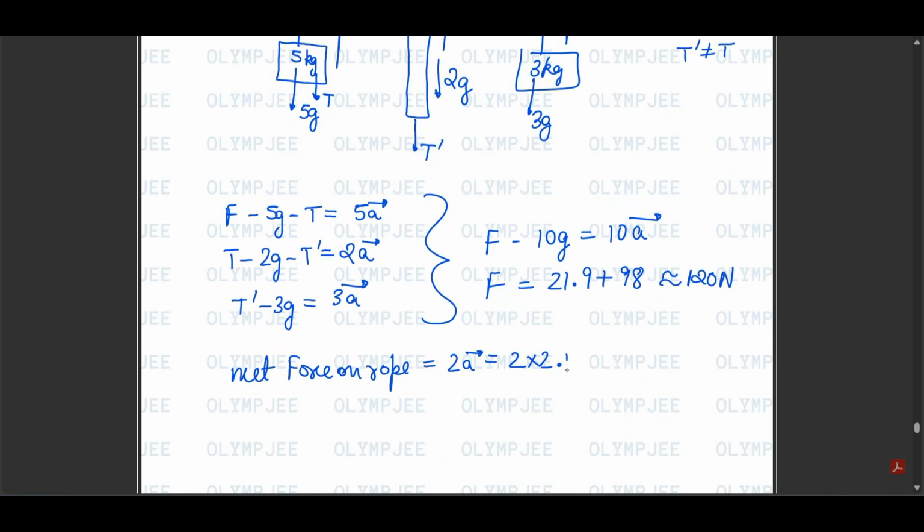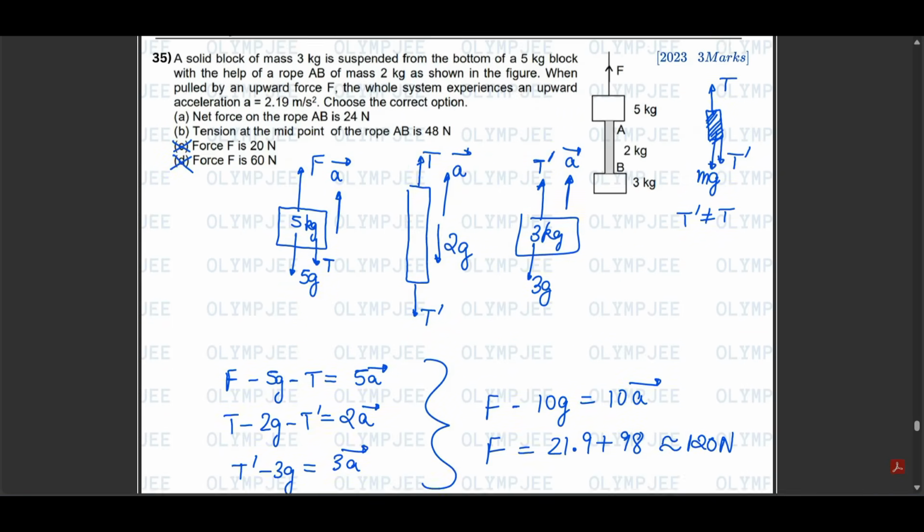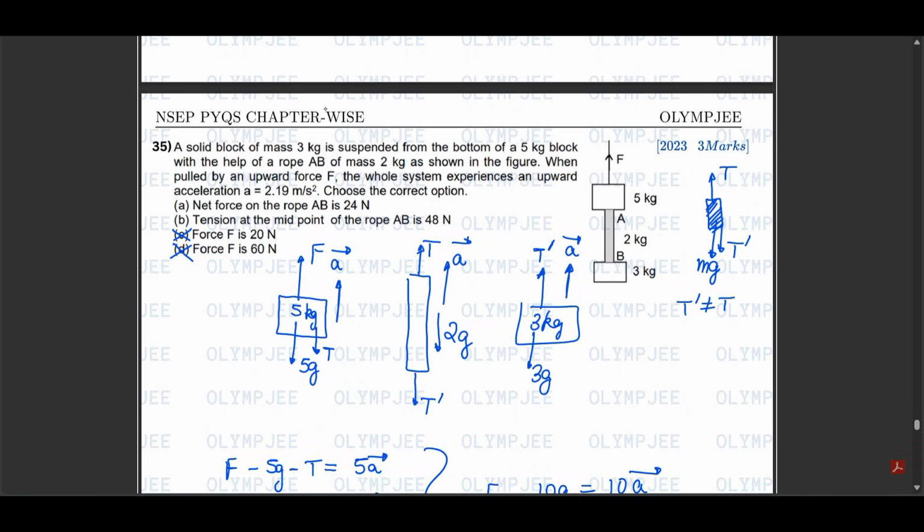So 2 times 2.19 is equal to 4.38 newtons. So the net force on the rope is 4.38 newtons, and so this is wrong, right?